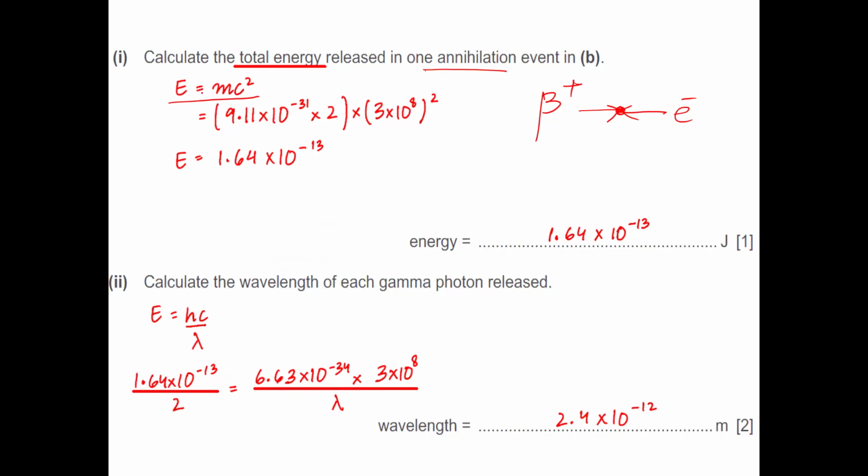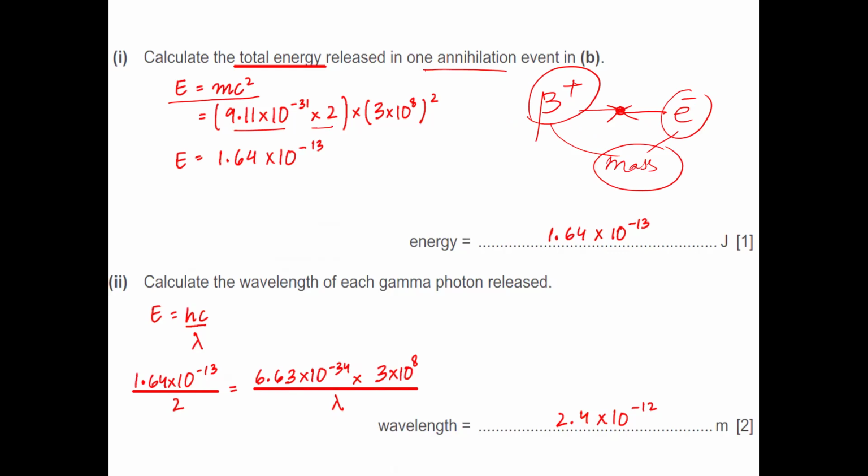So in the formula E equals mc squared, we are going to take the mass of both the positron and the electron. What is the mass of the positron and electron? It is 9.11 times 10 power minus 31. Since we have to take the mass of both, we are going to multiply it by 2.